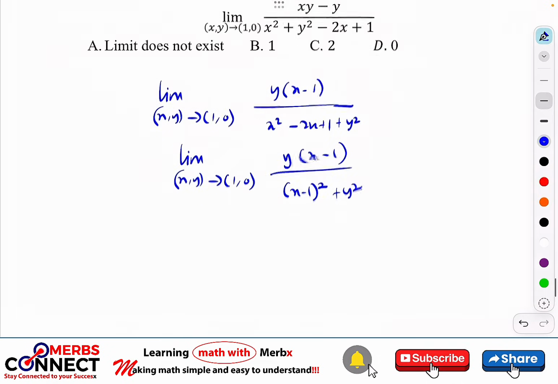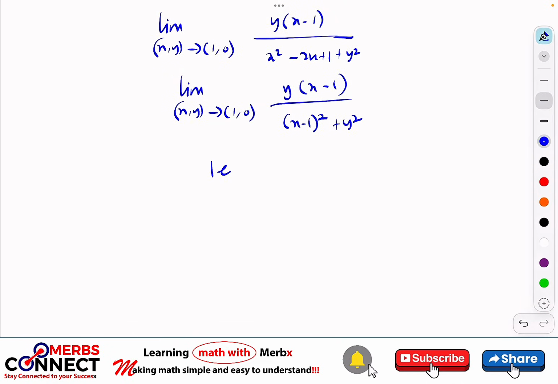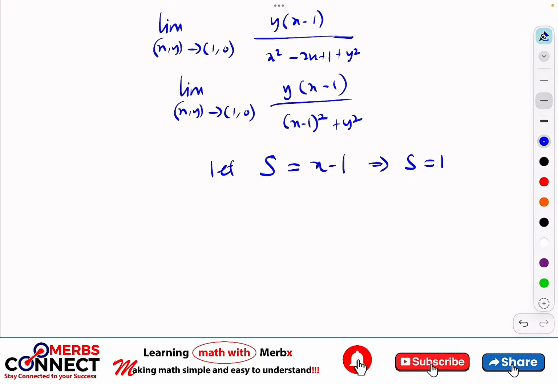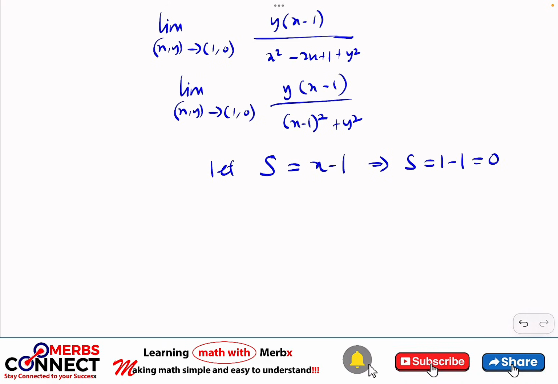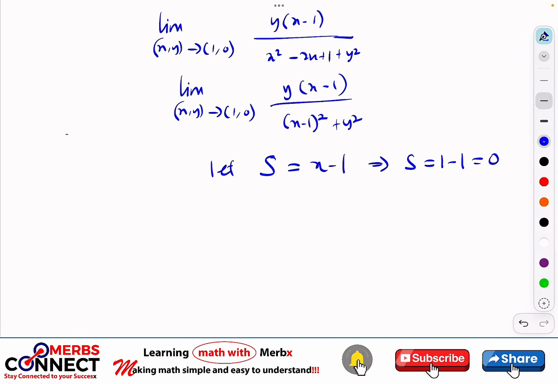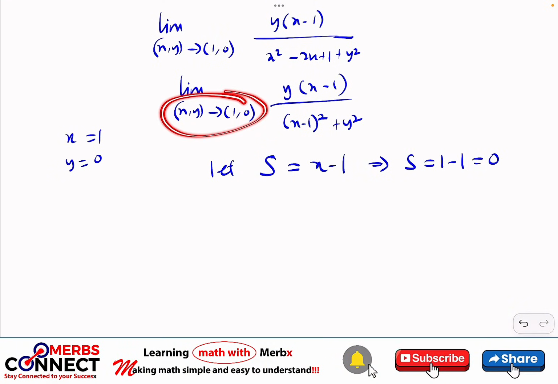Now I want us to do a change of variable. Let s be equal to x minus 1. And this implies that s is equal to 1 minus 1, which is equal to 0. Do you know what is happening here? Now, with this one, it means that x is equal to 1 and y is equal to 0. So I'm using what is here. So if s is equal to x minus 1, then I plug in 1 and get this.